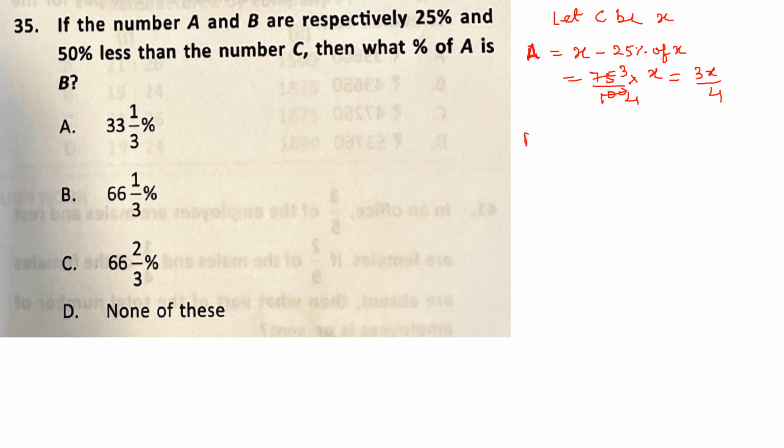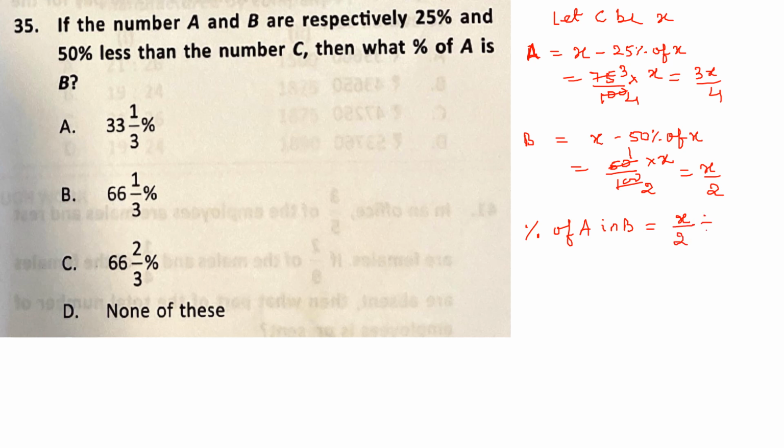Now B is 50% less than C. So x minus 50% of x. So this will give me 50 by 100 into x. And if I reduce, it is 1 by 2. So from here I will get x by 2. Now you have to find the percentage of A in B. So it will be the value of B divided by the value of A. You will get a fraction and you have to give the answer in percentage, so multiply it by 100.